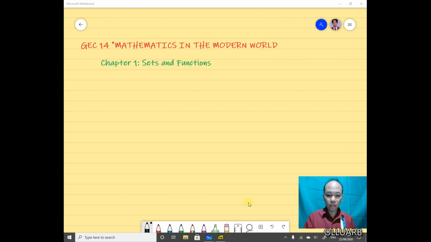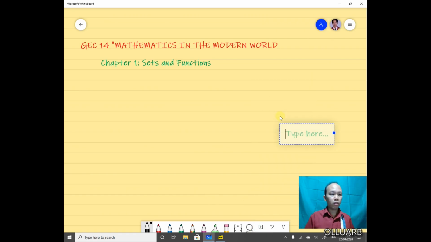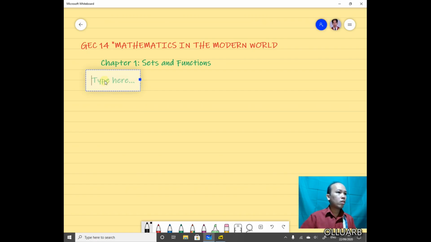So let's write our first definition. As you can see here, we'll write a text. I will put it here, and then I will write definition.